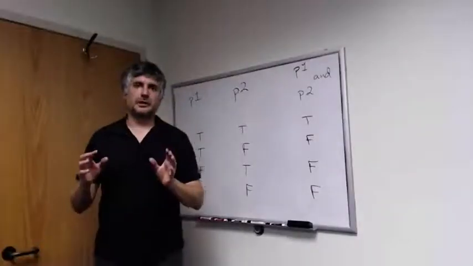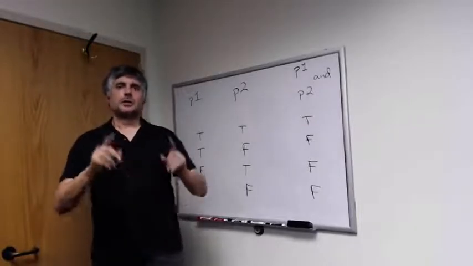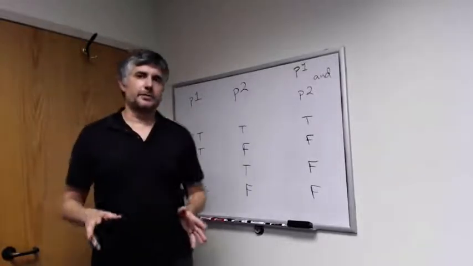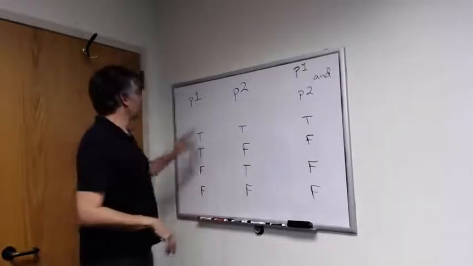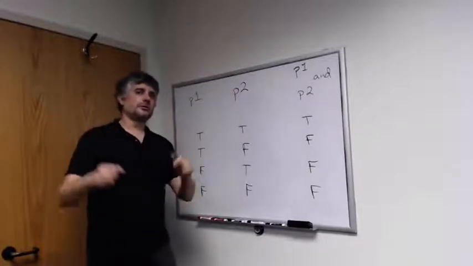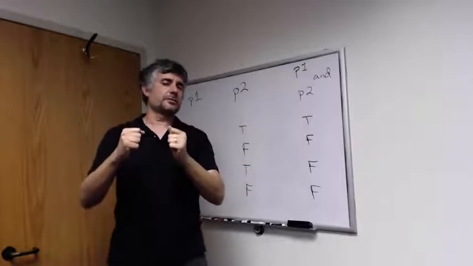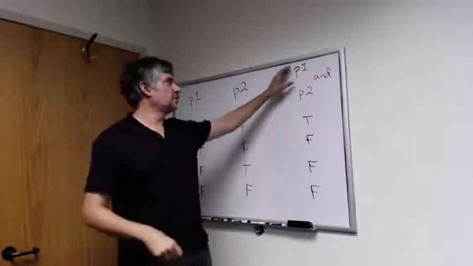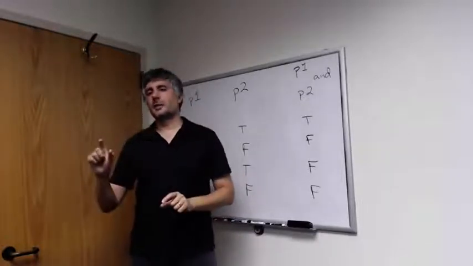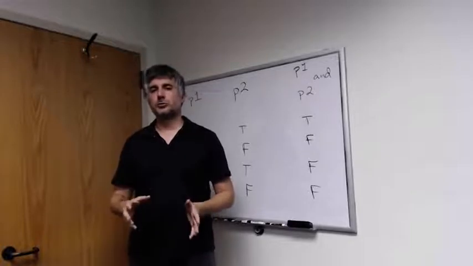To show you what I mean about the words but and, let's go back to the truth table for the truth functional connective and. So remember, if you have two propositions, P1 and P2, and you use the truth functional connective and to put them together to make another proposition, the proposition P1 and P2, and now you want to know when is that new proposition going to be true?